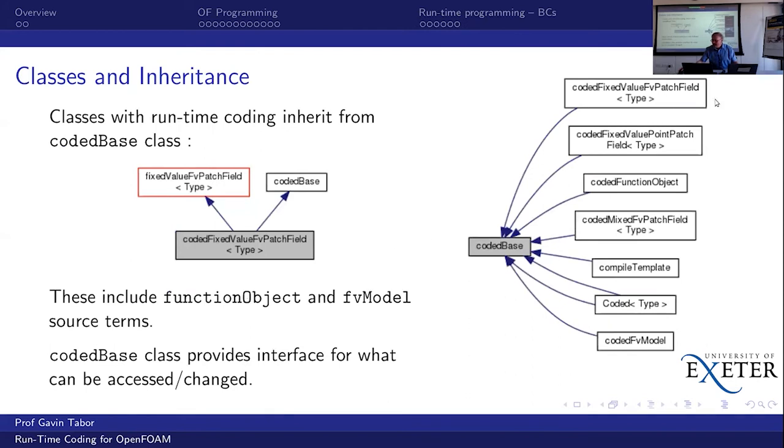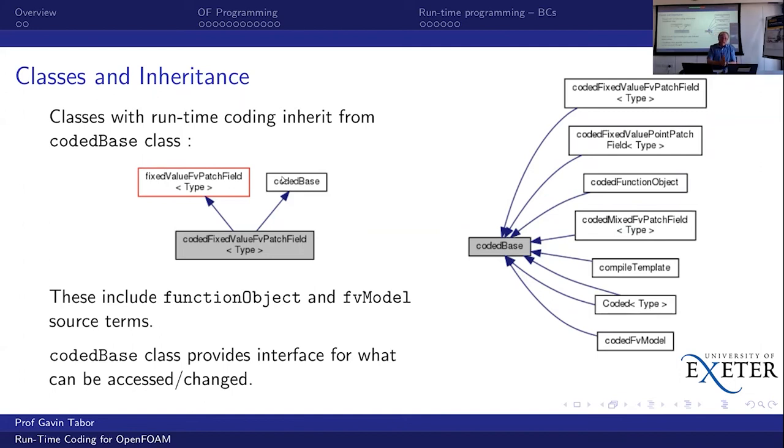Now I wanted to go in a little bit more detail as to how this is set up. So I've mentioned this before. My coded fixed value boundary type here is an example of multiple inheritance. It inherits from the base class for fixed value patches, but it also inherits from the base class for all coded base objects.